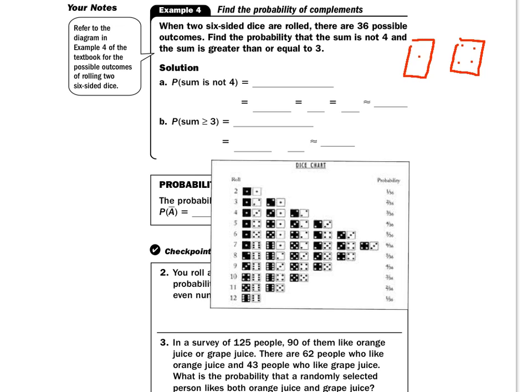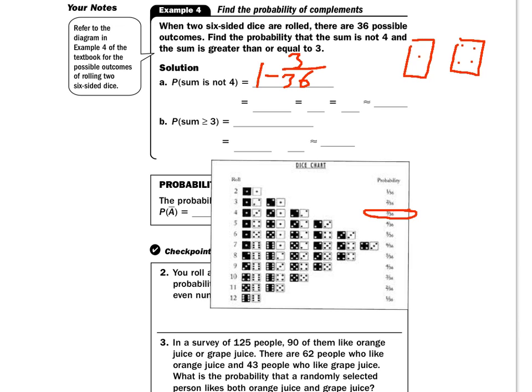So for the sum of rolling a 4, and it's hard to read there, there are 3 different ways to roll a 4. So the probability of not rolling a 4 would be all the things besides a 4. If it's 3 out of 36 to roll a 4, then the probability of not rolling a 4 would be 1 minus 3 out of 36.